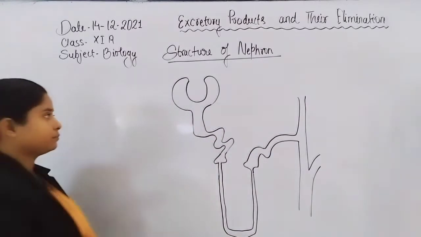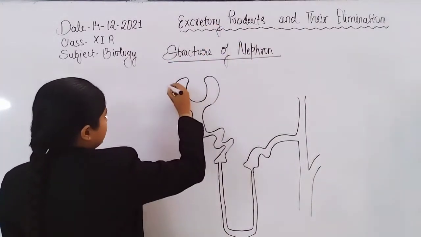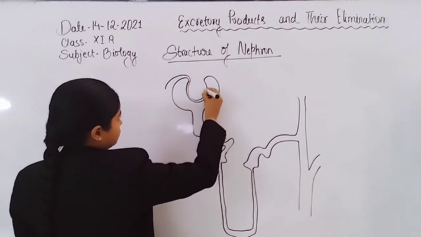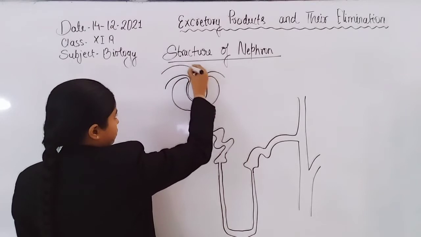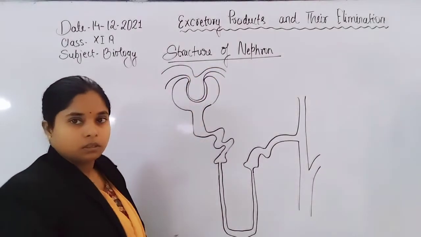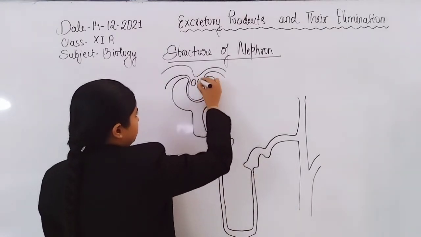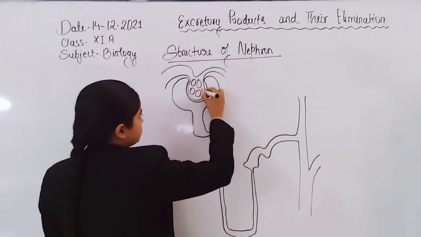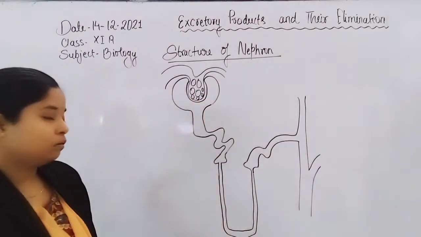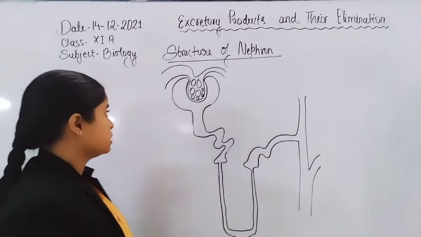Now, here is the nephron, with the afferent and efferent arteriole. From the afferent arteriole, the blood enters the nephron for purification and filtration.